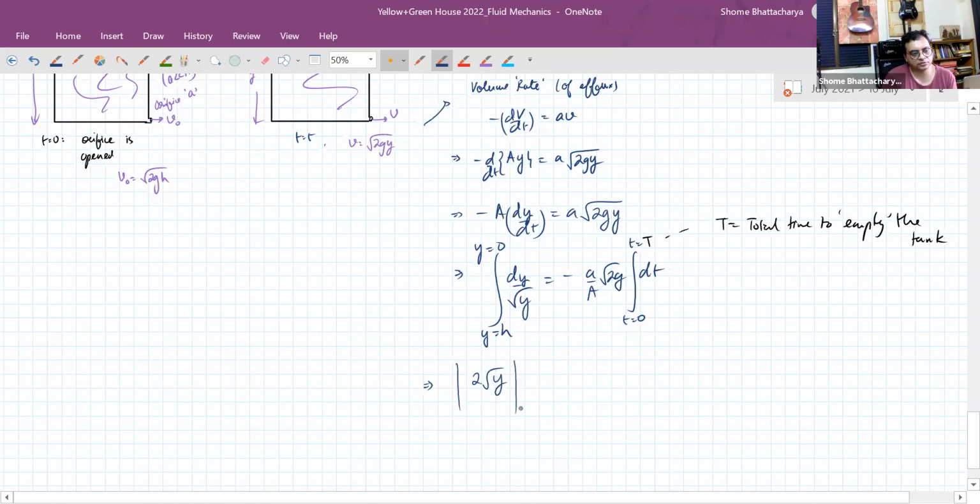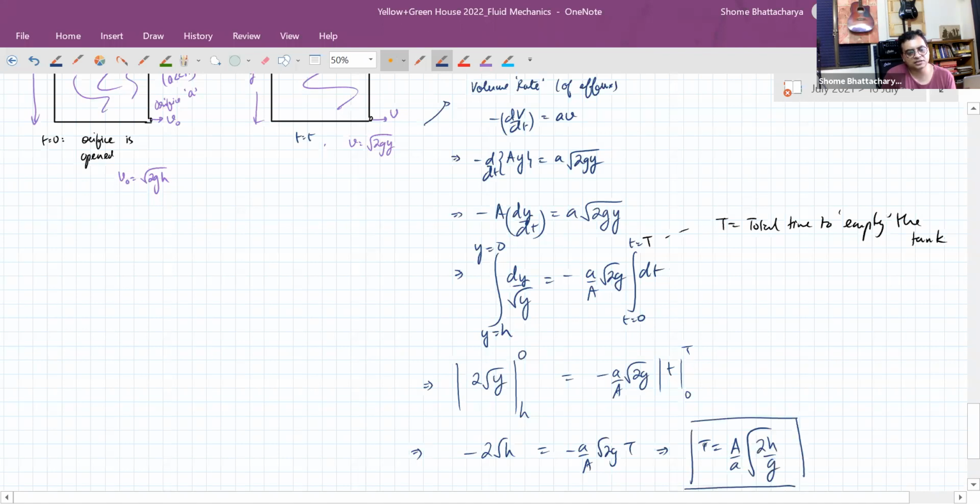But limits from h to 0 on the left hand side, and from 0 to T on the right hand side. So this will become minus 2 root h is equal to minus a by A 2 root g T. So time will come out to be A by a square root of 2h by g.